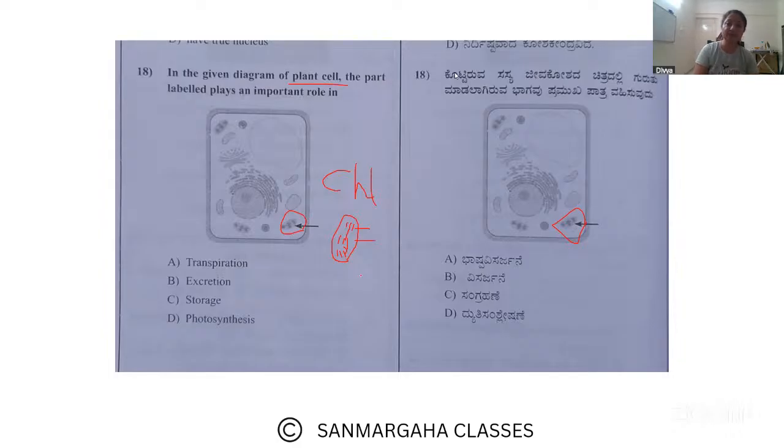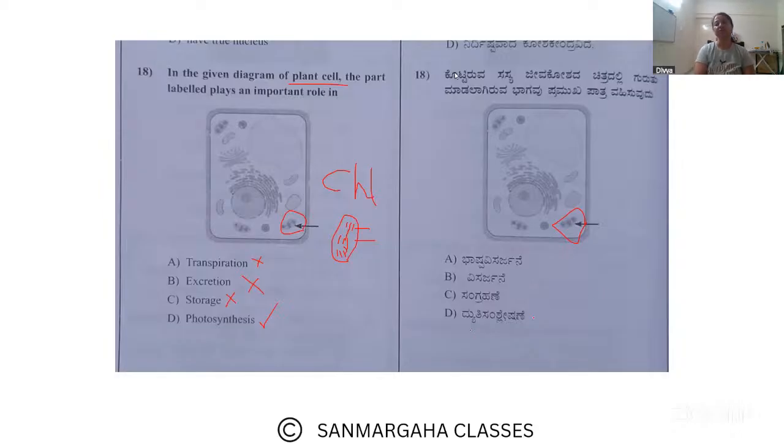So what is the function of this chloroplast? Is it transpiration? No. Is it excretion? No. Is it storage? No. Is it photosynthesis? Yes. So chloroplast is responsible for photosynthesis.